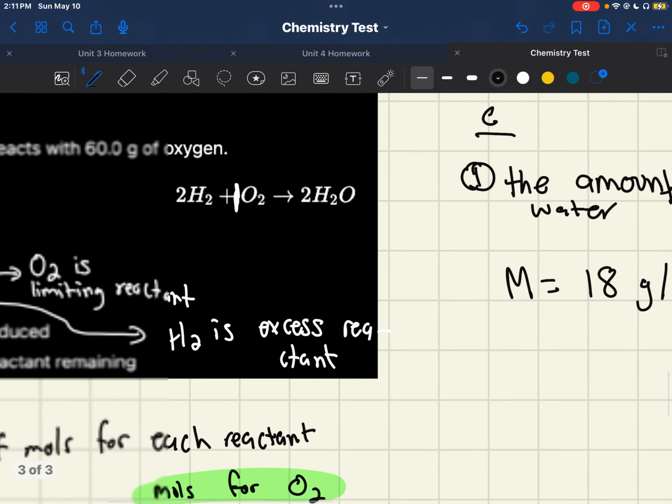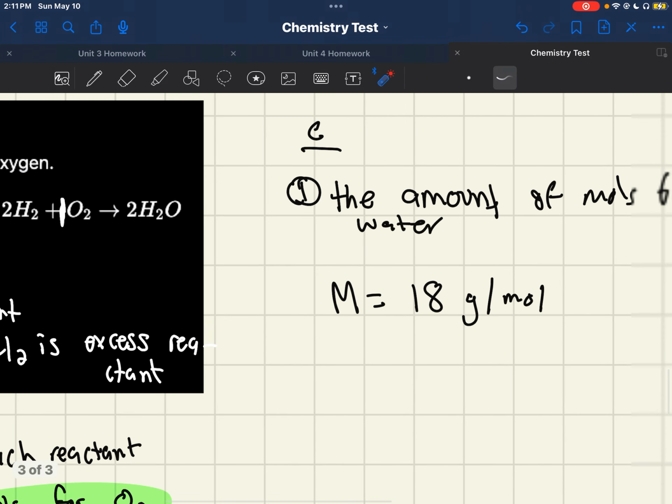Remember, we don't count the stoichiometric coefficient here, so this 18 grams per mole is just this part over. Actually, to be a little more accurate, just because we were being accurate from before, it would actually be 18.01.